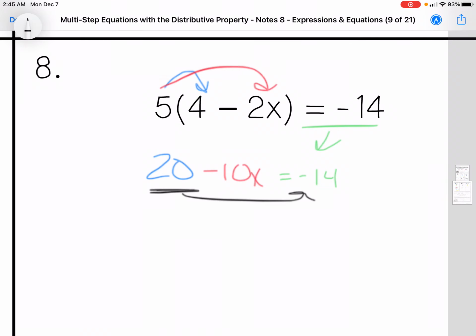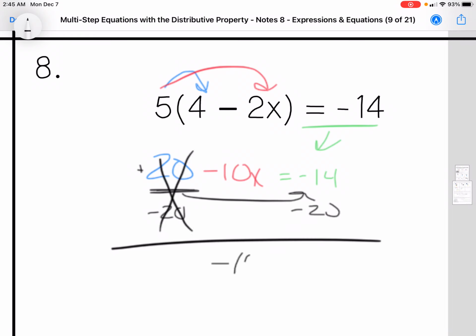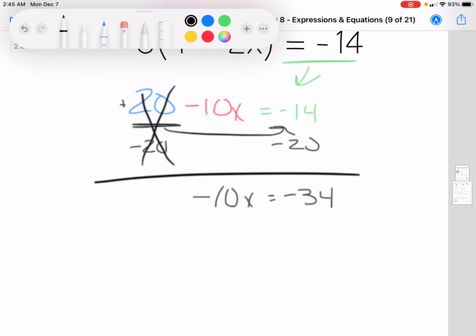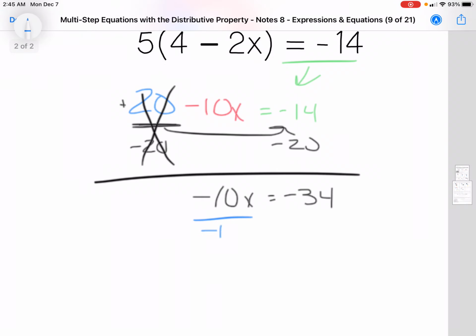Because it's like terms, it doesn't have an x. What is the opposite of that? Well, it's understood to be a positive, so it's a -20. Those go away. Left with -10x is going to equal -34. That's -10 times x, so you do the opposite and you divide by -10. You're left with x equals +3.4.